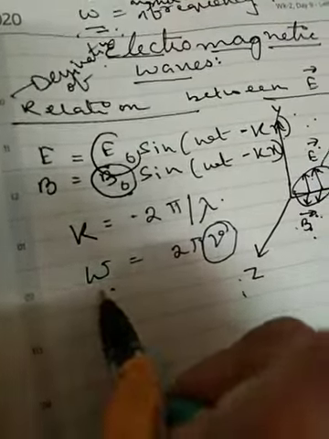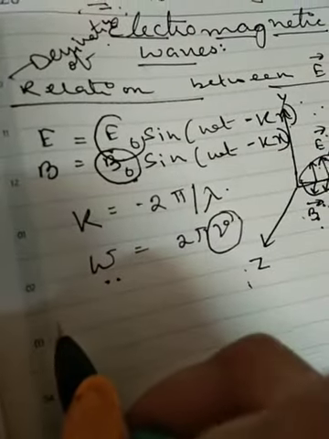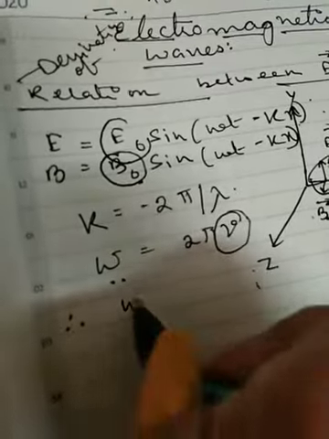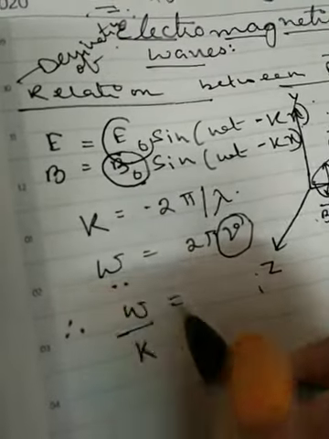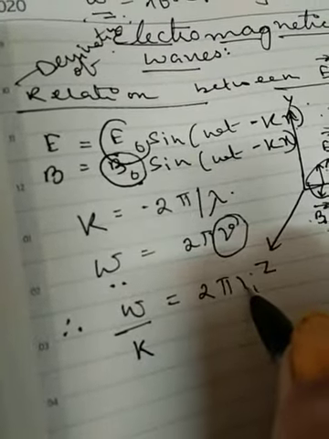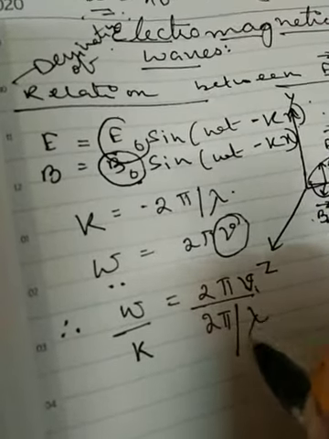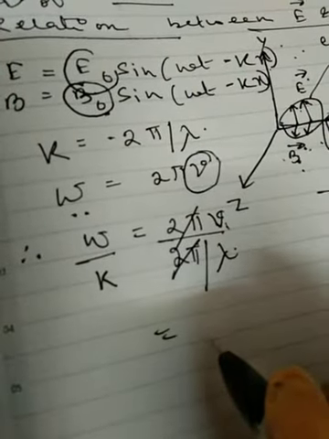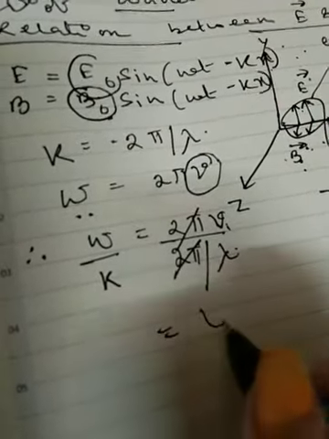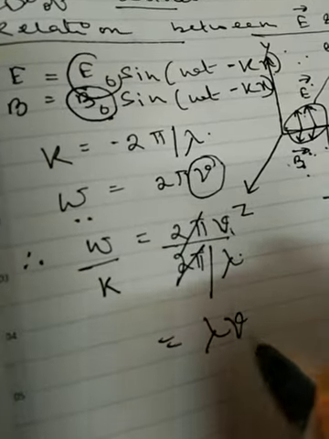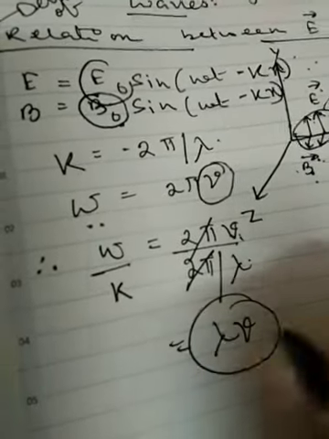Let me divide omega by k. Omega by k will be 2 pi nu by 2 pi by lambda. Obviously 2 pi gets cancelled. What I will be remaining with is lambda going up, and it will be lambda nu. This whole term I will denote it as, girls, C. Why C?